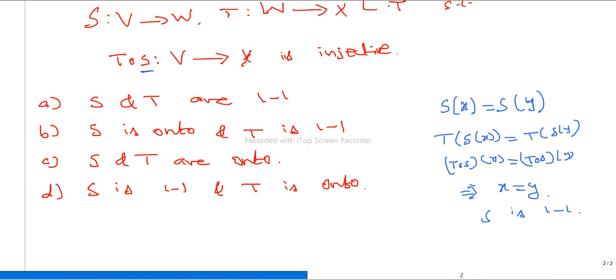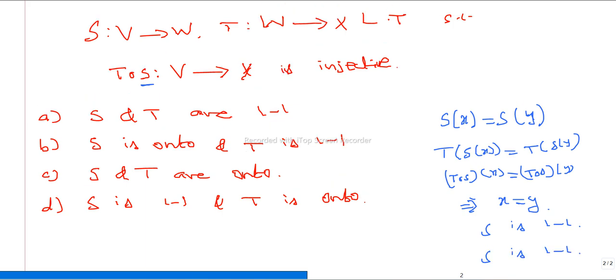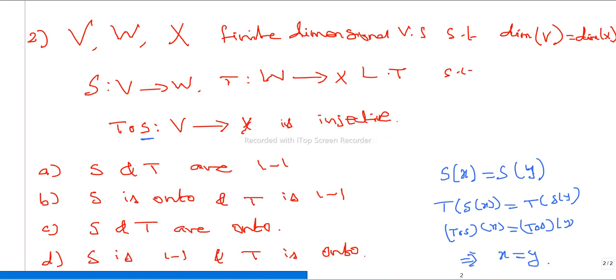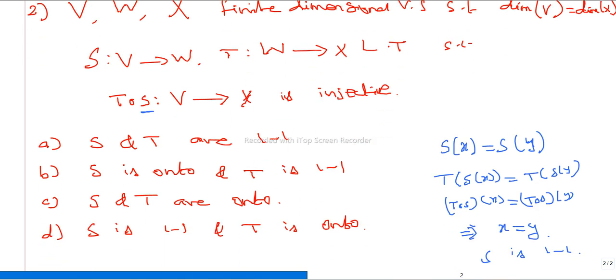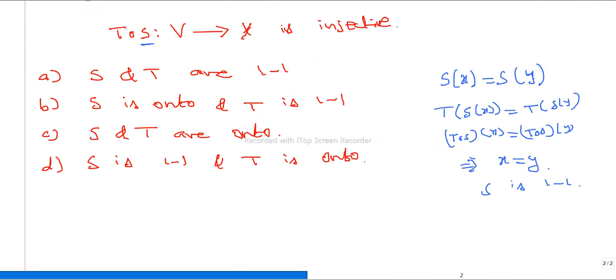So since S is 1-1, already we know that if S is 1-1, what can you say about the kernel? Kernel of S should be 0, because if a linear transformation is 1-1, the kernel contains only the trivial element.